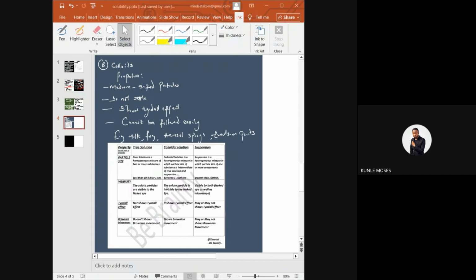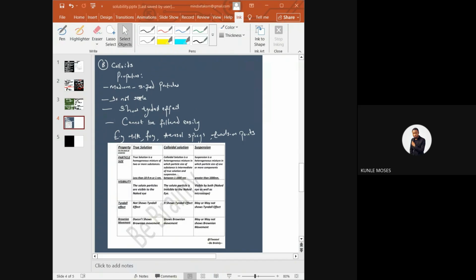The first one talks about the particle size. The solution is a homogeneous mixture of two or more substances. They say less than 10 to the power of minus 9 meter, or one micrometer. So that one is between 1 to 1,000. The last one is greater than 1,000 nanometer.